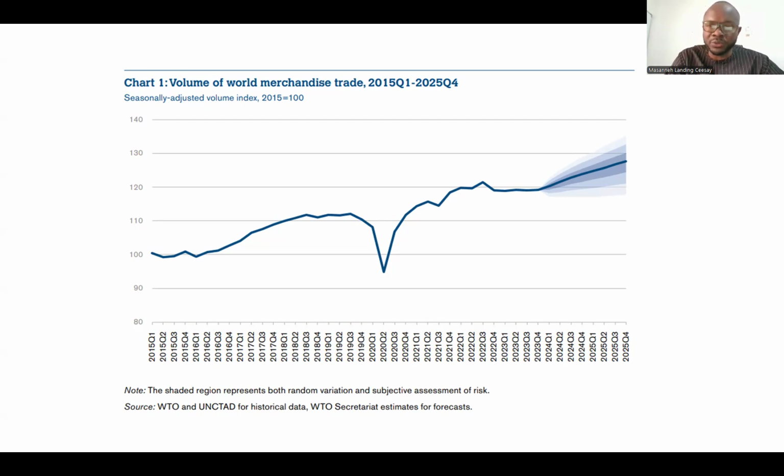And when that happened, of course, it slowed down merchandise trade because the transport sector was significantly impacted by COVID, as it was almost all sectors.